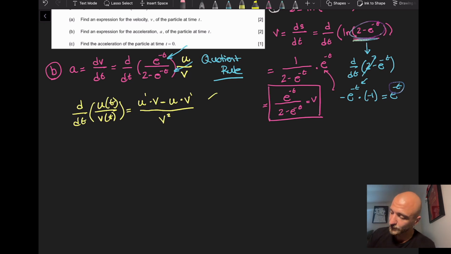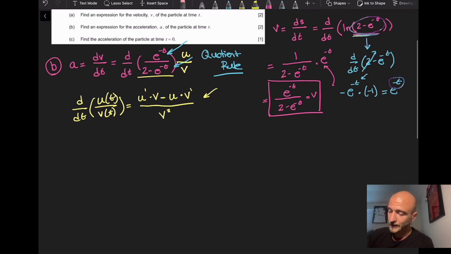So we literally just have to plug in the values from our function and the derivatives. Don't worry if you don't remember this off the top of your head. It's in your formula booklet for both the HL and the SL, so you're fine. Okay, so let's figure this out.